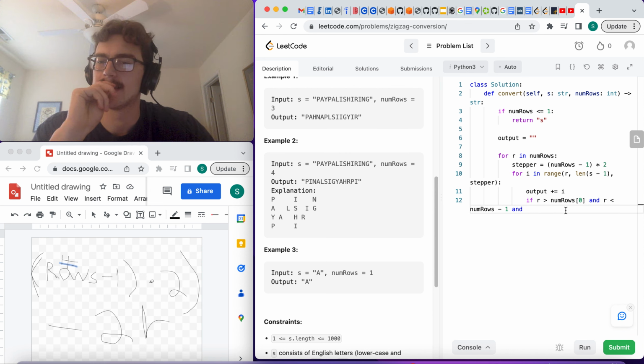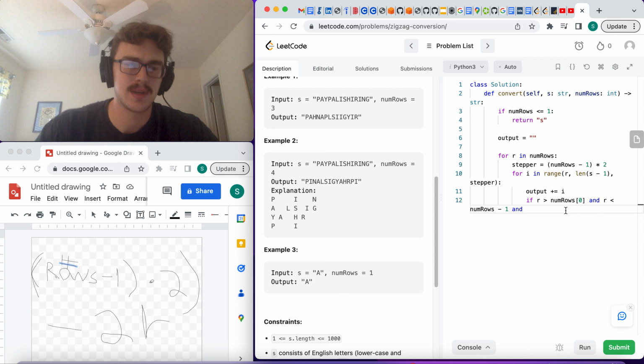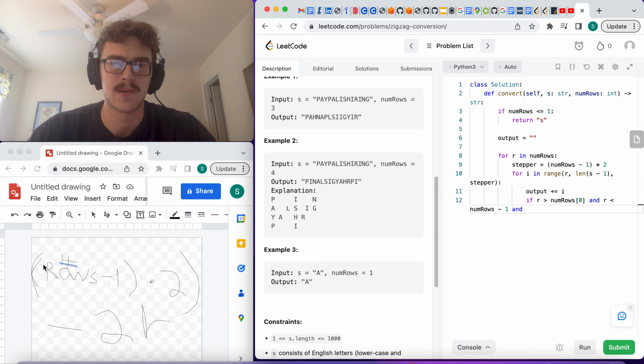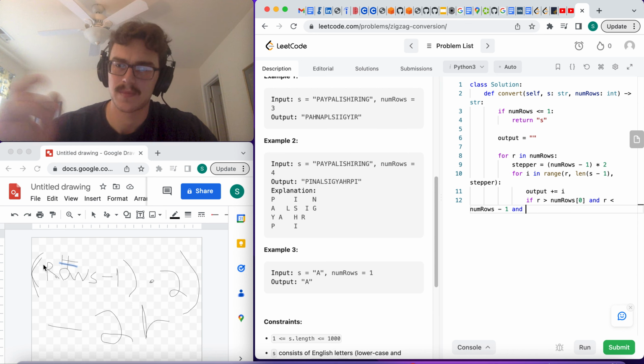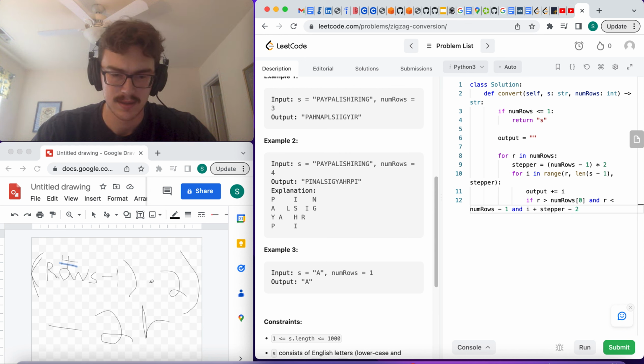And so here's where we need to check our extra equation. So I plus stepper minus 2 times R, if that's less than the length of the string, right? So we're in bounds.